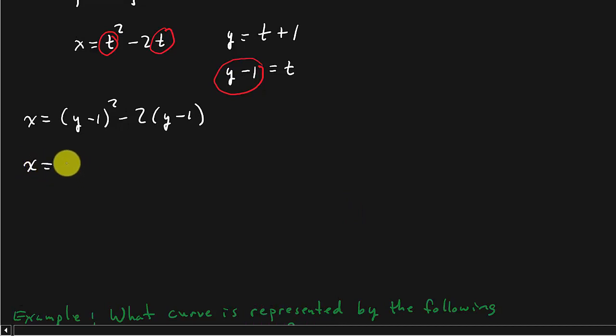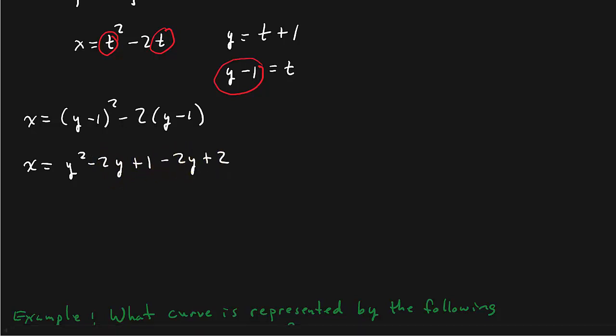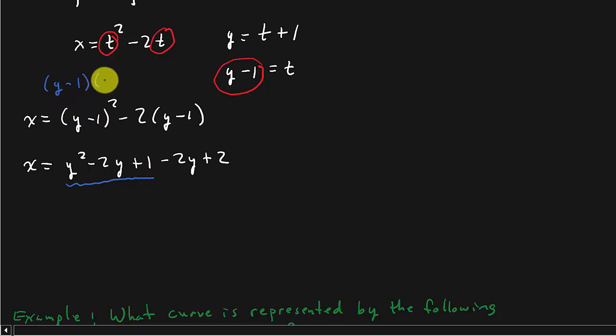And so what do I get? I get x equals y squared minus 2y plus 1 minus 2y plus 2. All right, so I hope everybody sees how I got this. That's from this. Remember, that is (y minus 1) times (y minus 1), and I just foiled it. And so that's going to give me x is equal to y squared minus 4y plus 3.